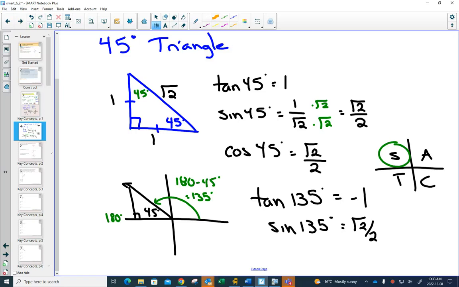And if I did cos of 135 degrees, I would get negative root 2 over 2. Still root 2 over 2 because the 45 degrees is the reference angle, but now it's negative because of my CAST rule. So this is how the CAST rule and the quadrants and reference angles always work together.